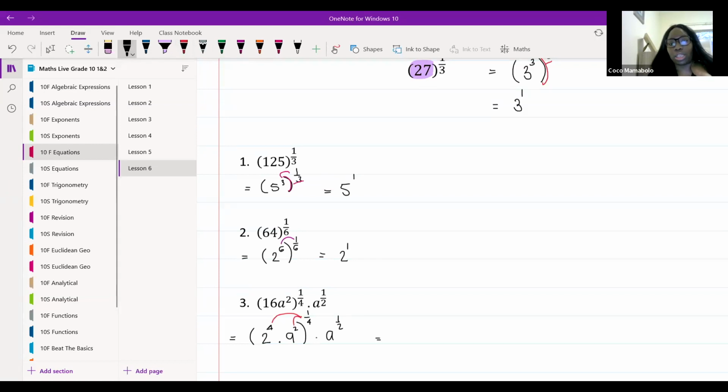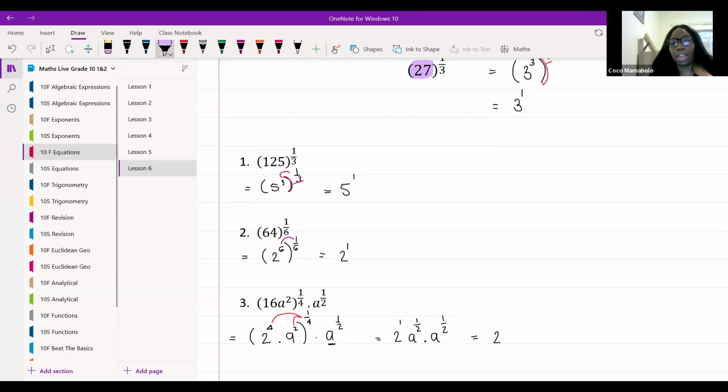What I'm going to get here is 2 to the power of 1 over 4 times 4, which is just 2 to the power of 1. a to the power of 1 over 4 times 2 will give me a half. But this is all multiplied with this a outside, a to the power of a half. And that's going to give me 2, because I've just got a 2.